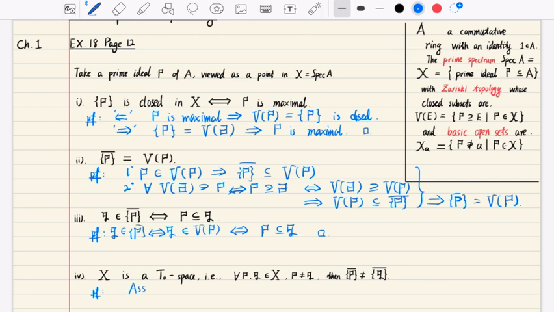Let's first assume the closure of P is equal to the closure of Q. Then we can see P belongs to the closure of Q, and Q also belongs to the closure of P. And by the third question, we know this is equivalent to P containing Q and Q containing P. So P equals Q. We are done.